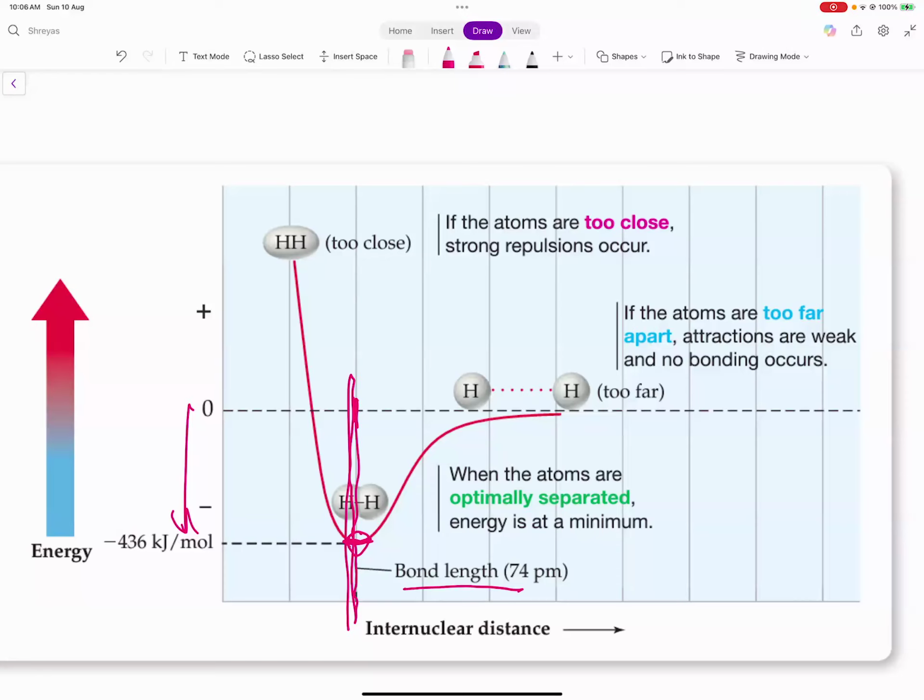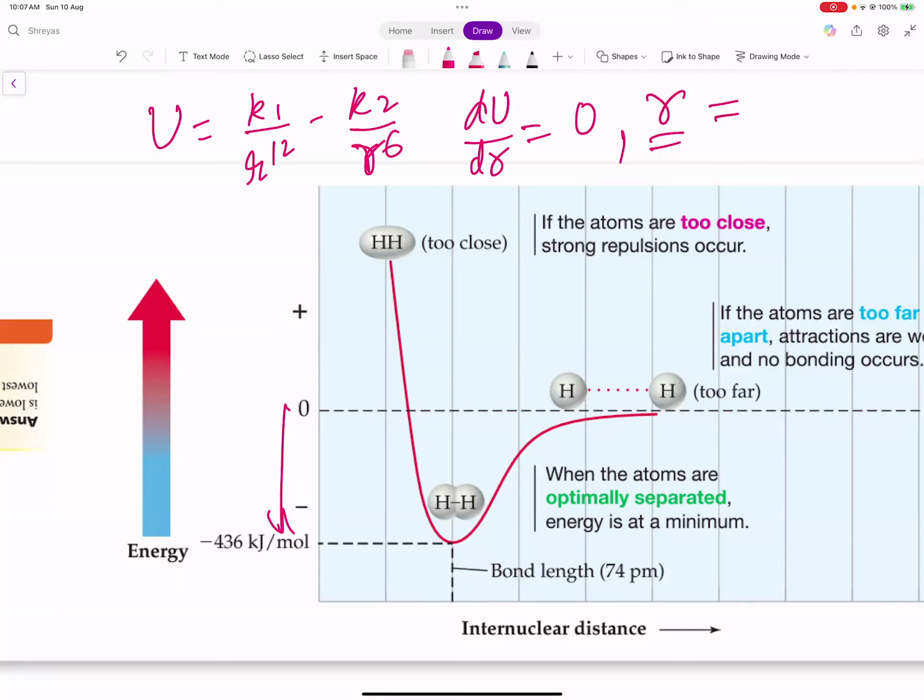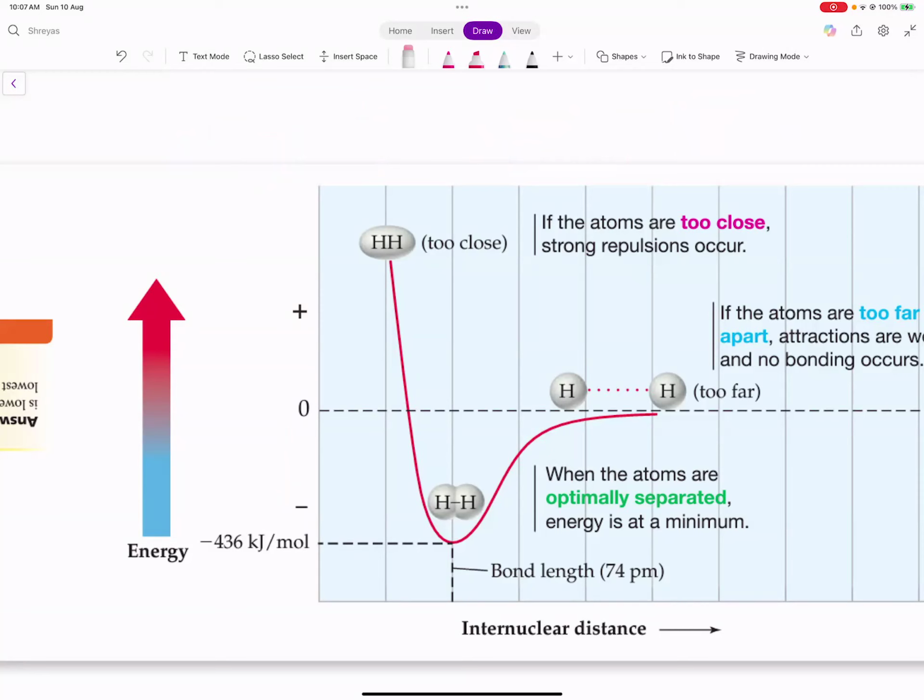The R corresponding to this minima is called the bond length. That is the actual mathematical treatment, which we will also see later on, but for the meantime I'll just let it go. So there is an energy minima and the distance corresponding to that we call the internuclear distance.